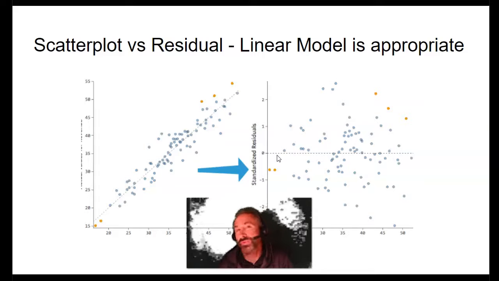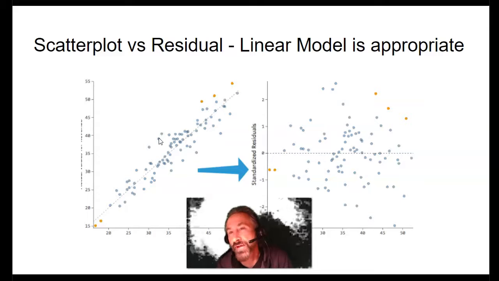The residual plot is different. The residual plot is just the difference between every single actual data value and the predicted data value on the line. And when we say actual data value, I mean actual y values, okay? So residuals are the difference between an actual y value and the predicted y value based on the line of best fit.